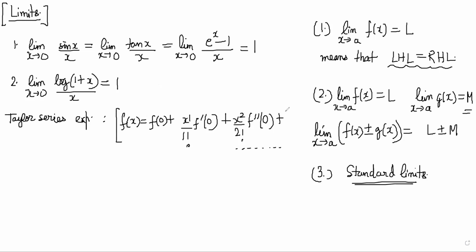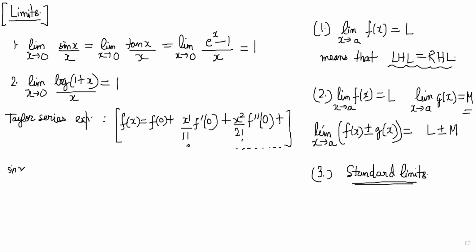If you use that for sin x, tan x, e power x, log(1 plus x), you will get infinite series for all of those. And those series can be easily used to get all of these limits. So that was fairly straightforward.